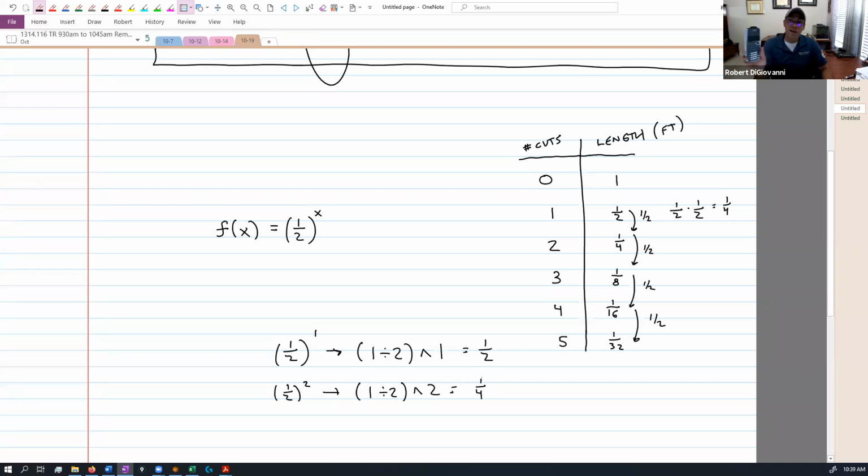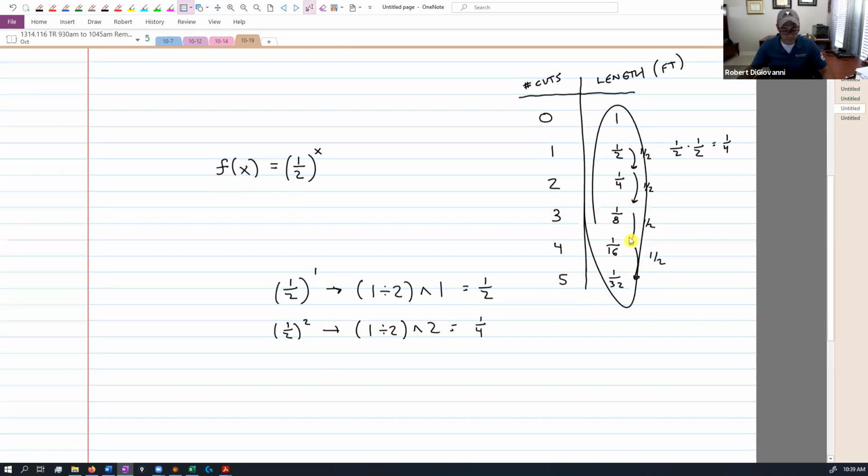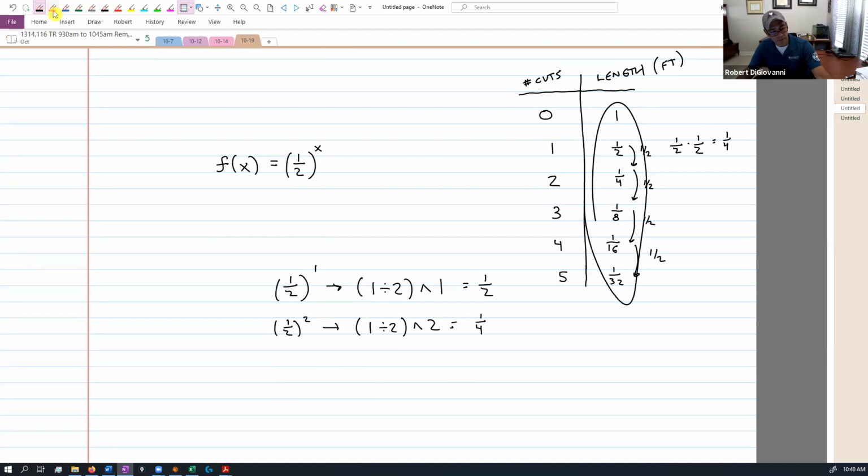Now, this is nice because it's giving us the same answers as over here. Do y'all agree? But sometimes we would rather have the decimal. So let me show you what you can do if you want your calculator to give you a decimal really quickly. Instead of typing this in, type this in: 1.0 divided by 2 raised to the 2.